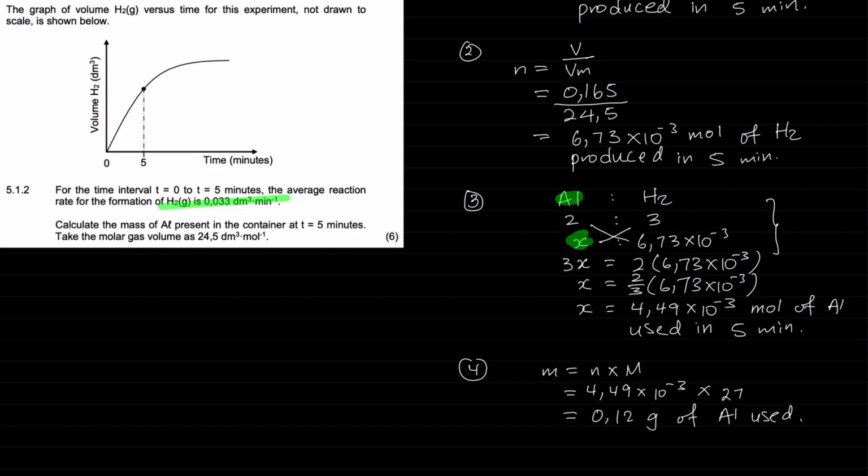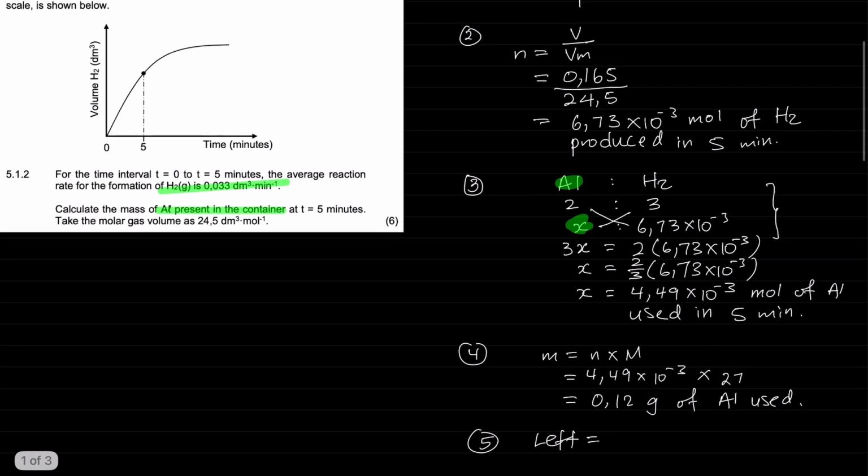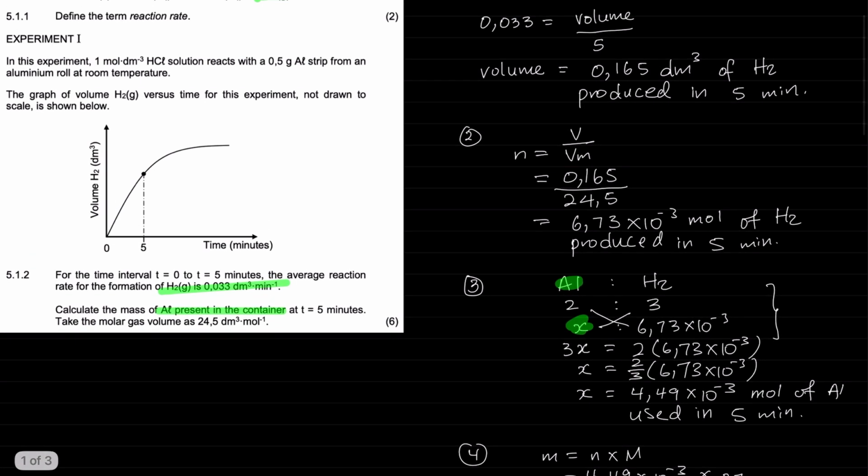They want to know how much aluminium is left over. So step 5: the leftover amount is how much we started with, which they told us was 0,5 grams.